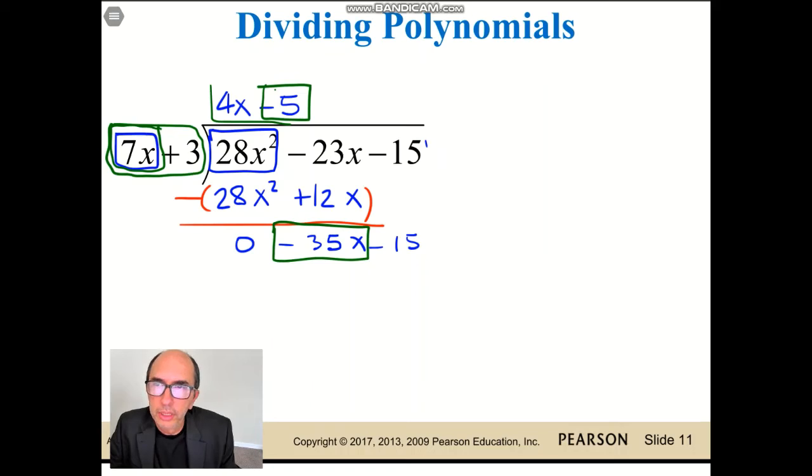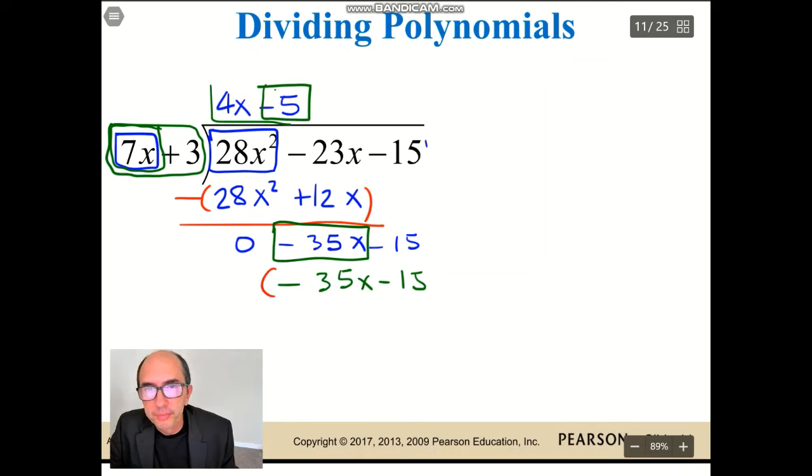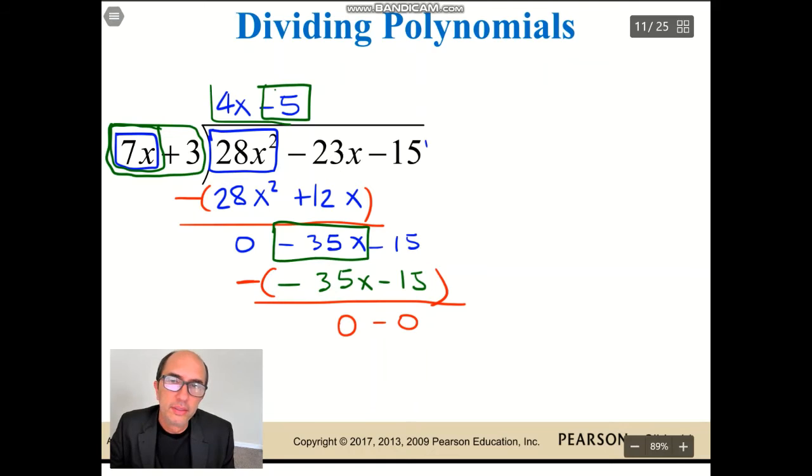Negative 5 times 7x, negative 35x, and negative 5 times 3, negative 15. Subtract, and you're going to have 0 and 0. Right? That means there's no remainder.